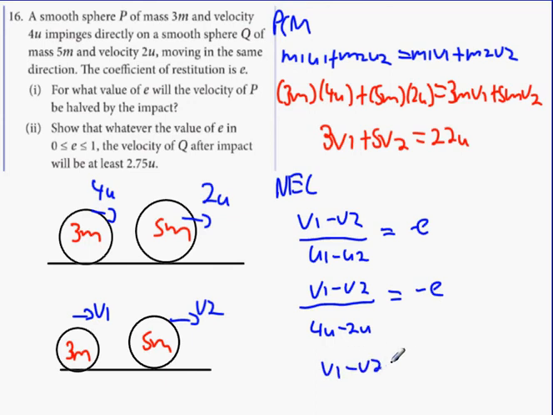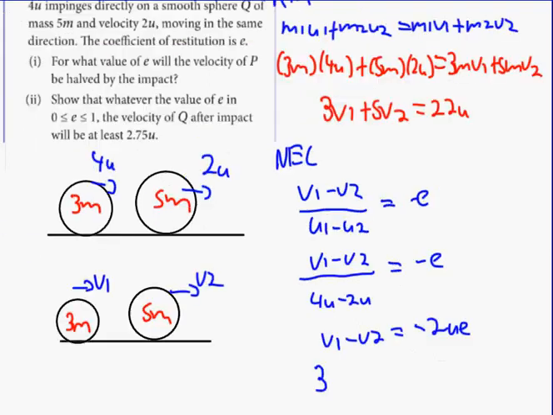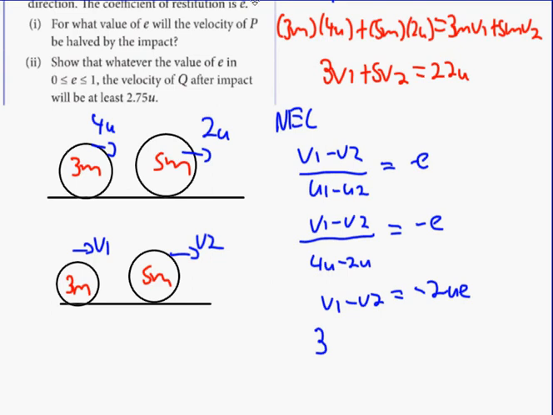So v1 minus v2 ends up being minus 2ue. So we have our two simultaneous equations now. Can I get rid of that straight away? Our two simultaneous equations are A here and B down here.